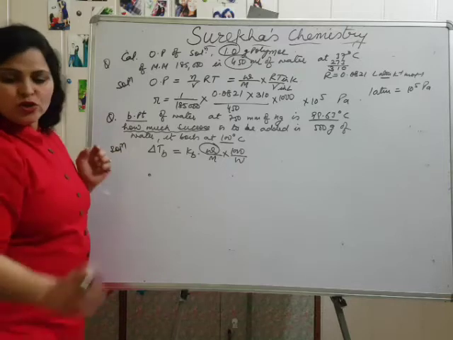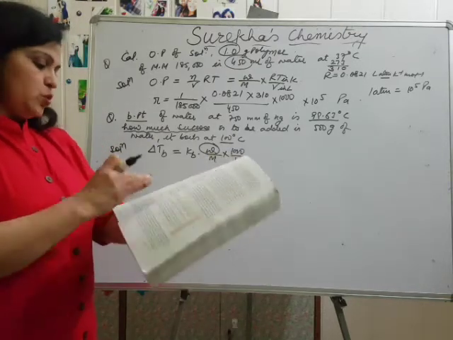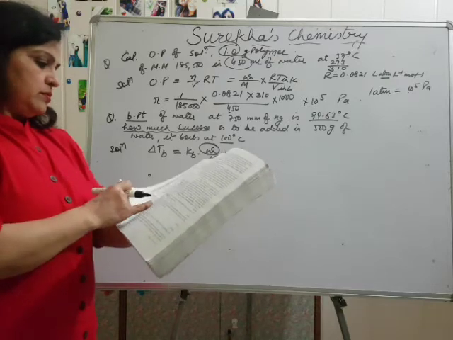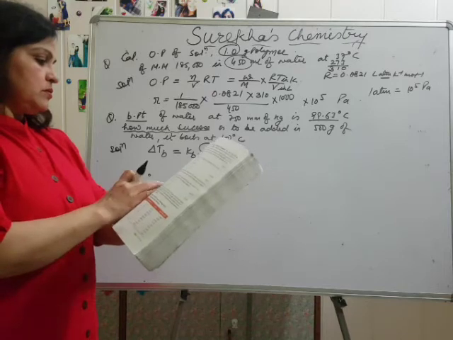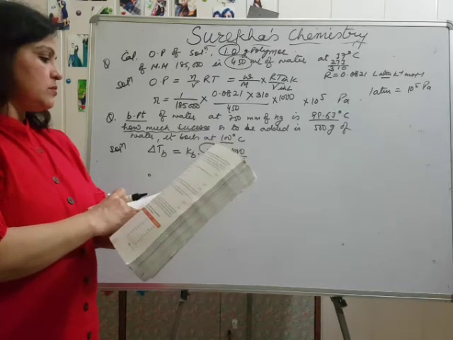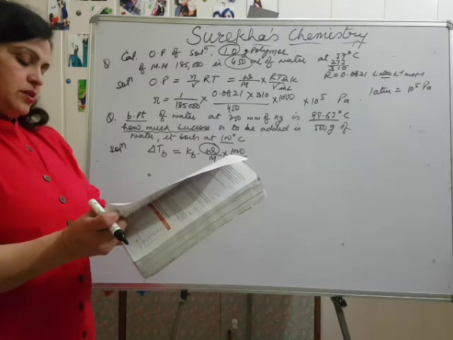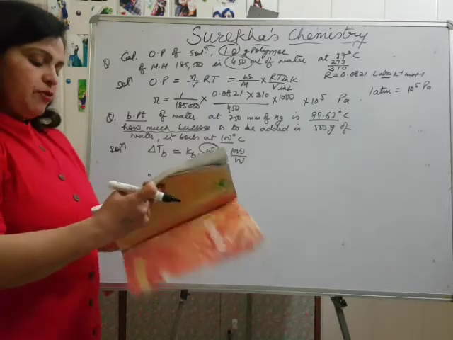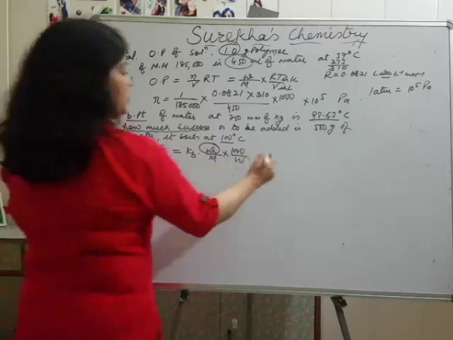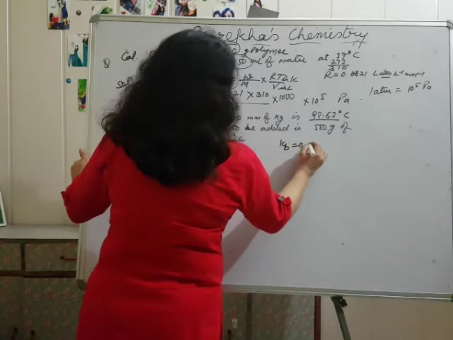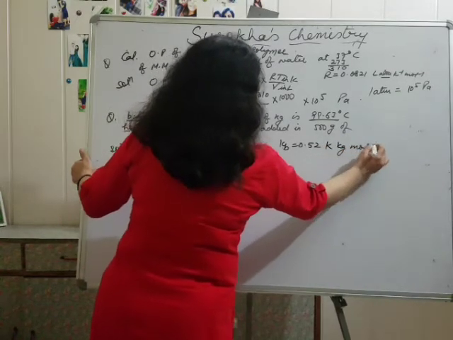Kb should also be given. Kb for water is 0.52 Kelvin kilogram per mole.